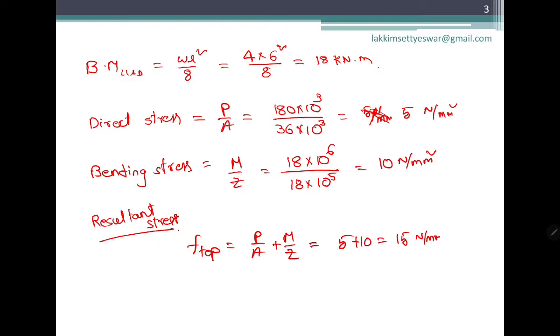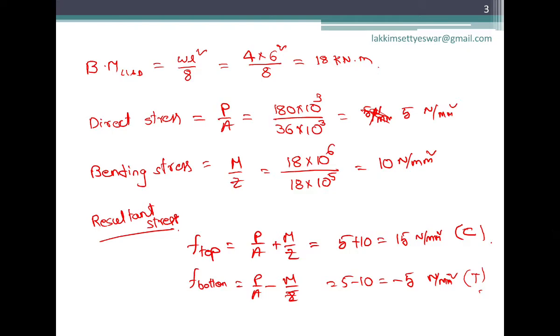It is a positive value, so the nature is compression. At the bottom fiber, P by A minus M by Z, that is 5 minus 10, is equal to minus 5. So it is tension in nature. We calculated the resultant stresses at top and bottom.